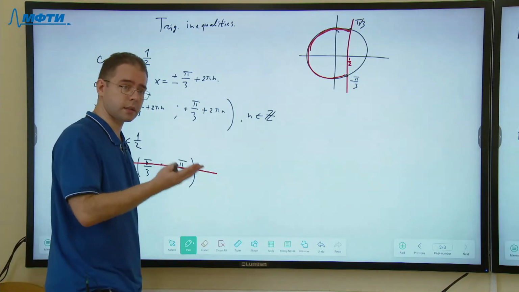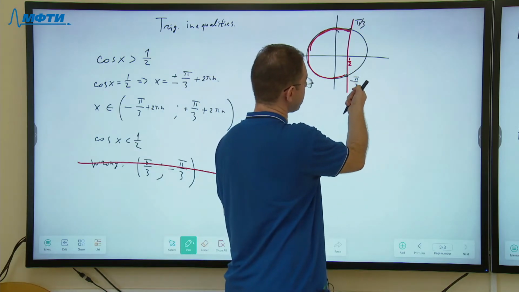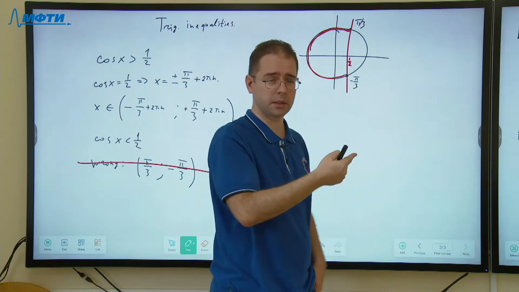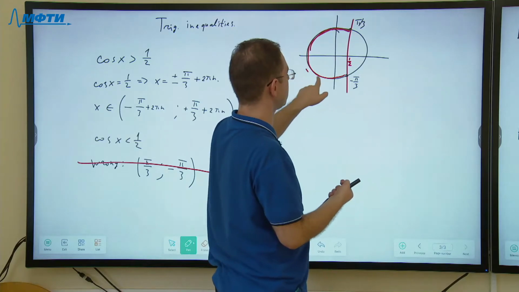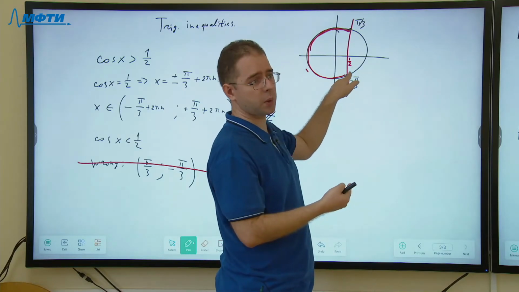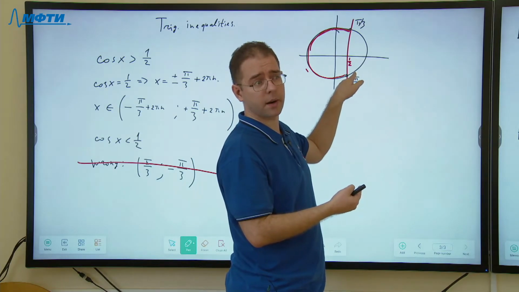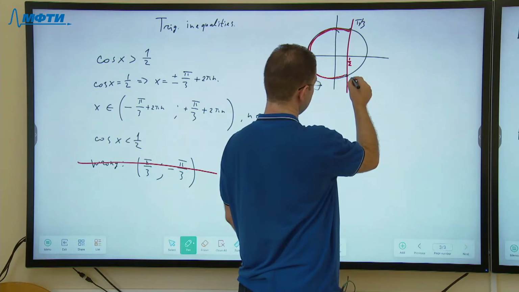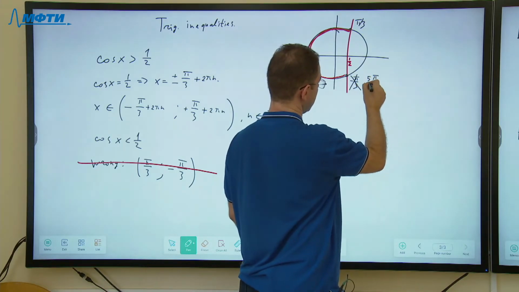To write it correctly, we just need to express this point as a different number. So if we start at pi by 3 and move on, when we reach here, the actual angle would be 5 pi by 3. So instead of pi by 3, we'll write 5 pi by 3.